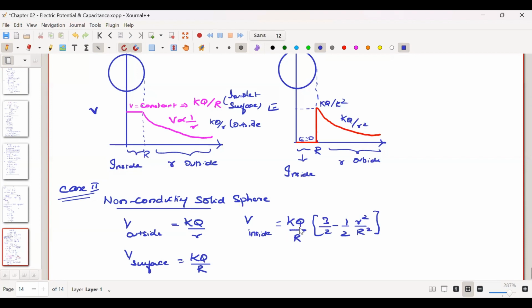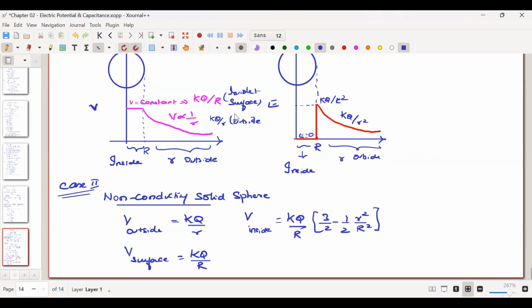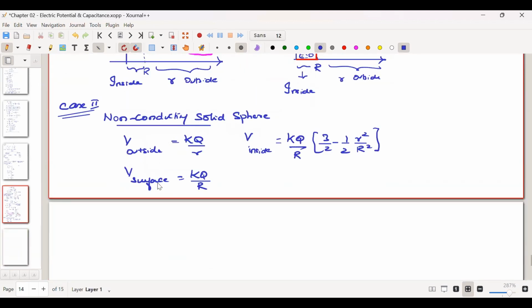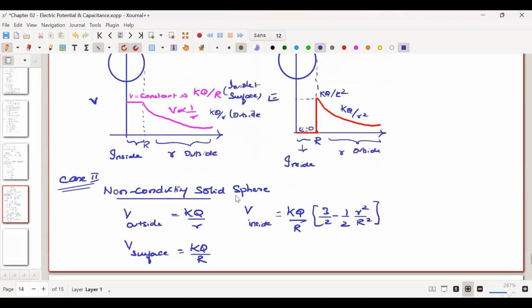This is more for competitive exams, where this question can be asked. You don't need to know the derivation, just remember it. The outside point and surface point have no change. Inside, what happened? There it was constant, equal to the surface value. But here it varies with small r. Understood?